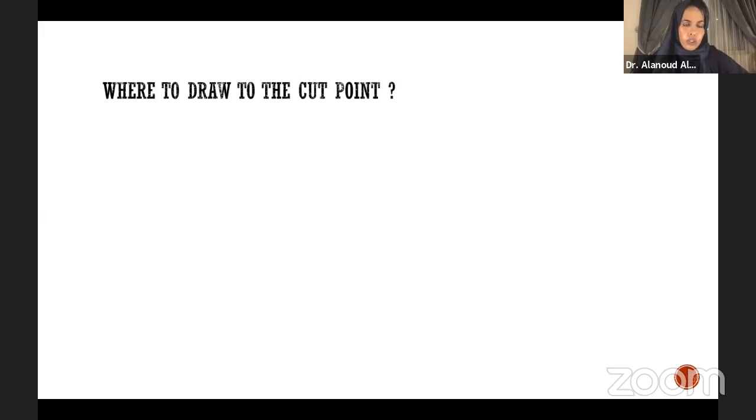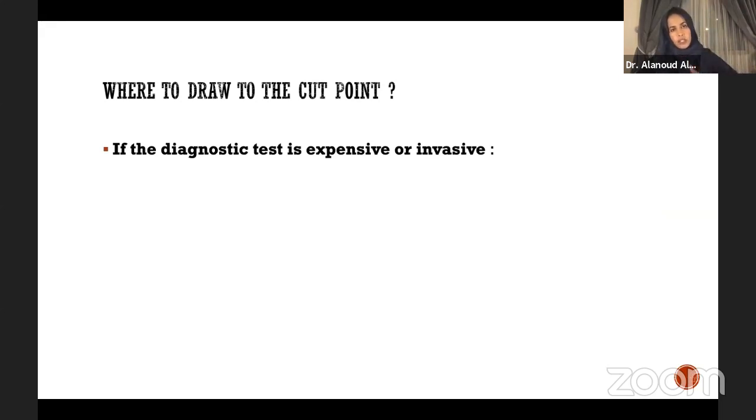So where to draw the cut point? Here are some practical steps to go through. Ask yourself if the diagnostic test is expensive or invasive. If it's expensive or invasive, I want a test that minimizes false positivity, right?